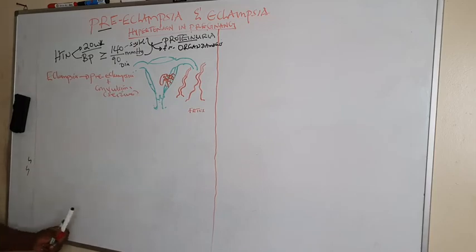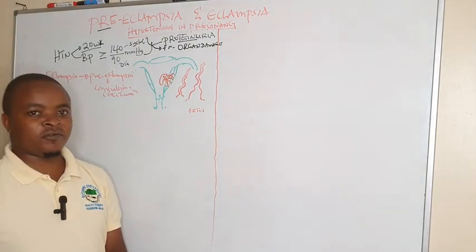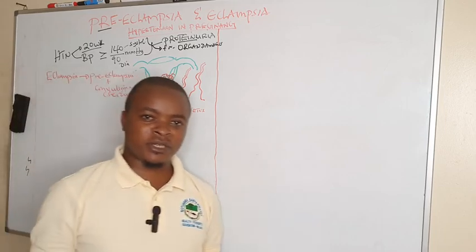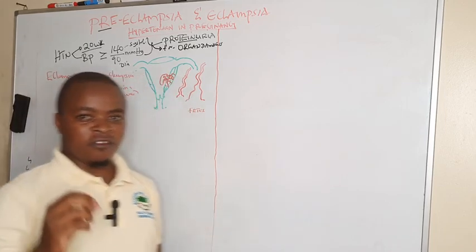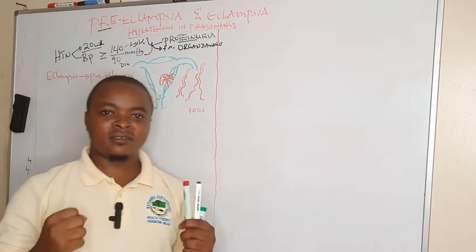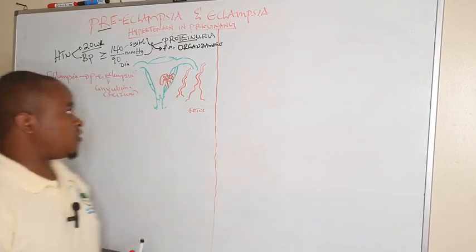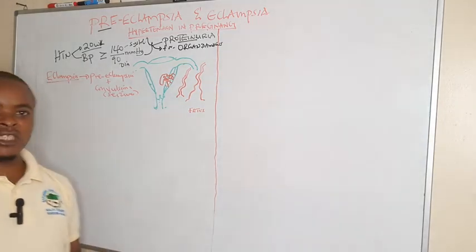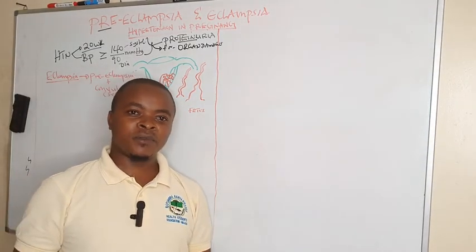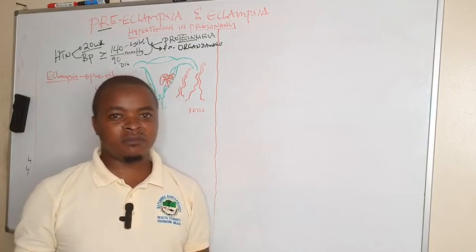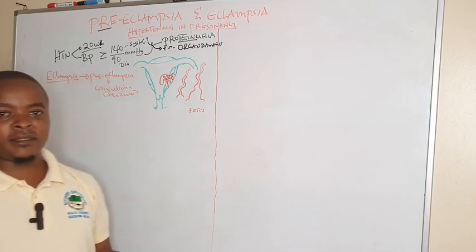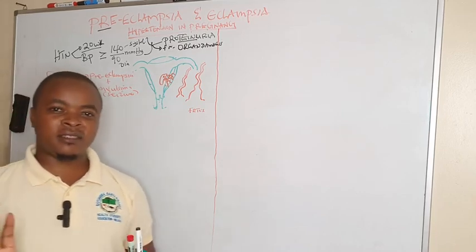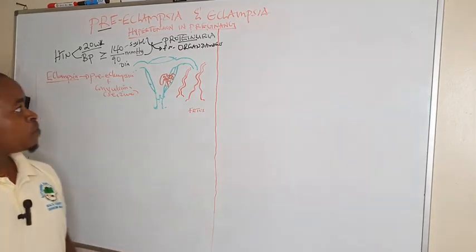So if a pregnant woman is hypertensive, there is proteinuria, presence of proteins in the urine, and you find they are convulsing or with seizures, that is what we call eclampsia. And this is a medical obstetric emergency. The pregnancy has to be terminated immediately after stabilizing the mother, despite the age of pregnancy.